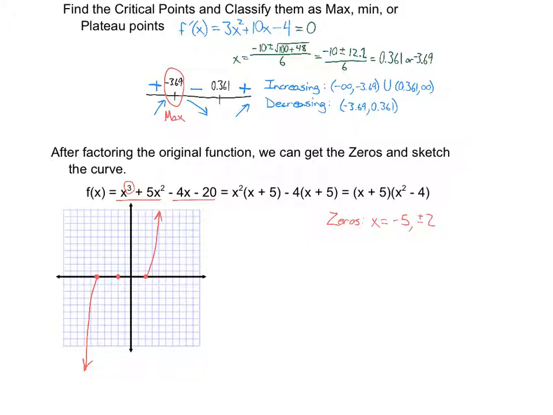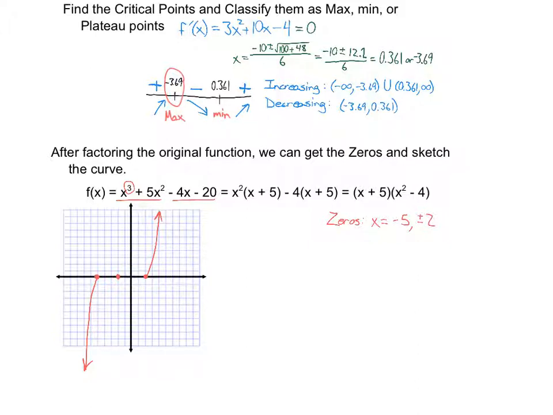And at 0.361 I'm going to have a minimum. Okay? Now we had already seen enough from our graph that we figured that was going to happen. Right? But even if this were some other kind of function that we weren't able to sketch this much without calculus, we would be able to tell those things now.